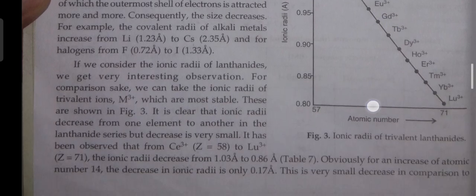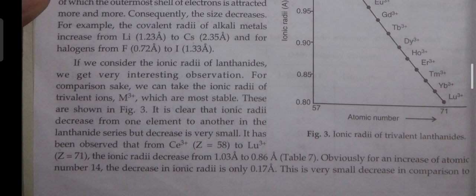If we consider the ionic radii of lanthanides, we get a very interesting observation. For comparison's sake, we can take the ionic radii of the trivalent ions M3+, which are more stable. It is clear that ionic radii decrease from one element to another in the lanthanide series, but the decrease is very small. From Ce3+ to Lu3+, the ionic radii decrease from 1.03 angstrom to 0.86 angstrom.